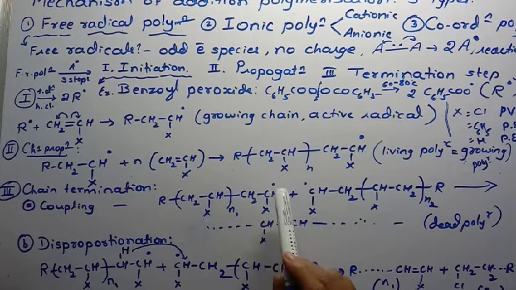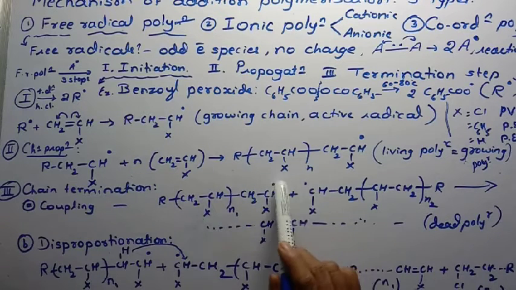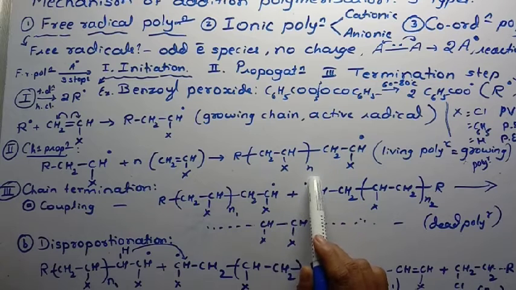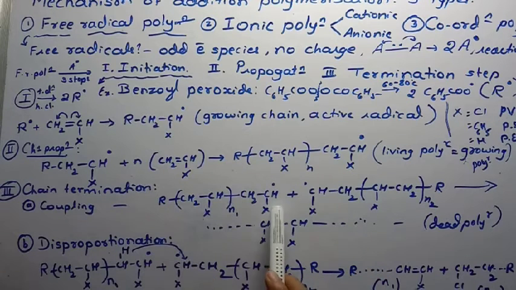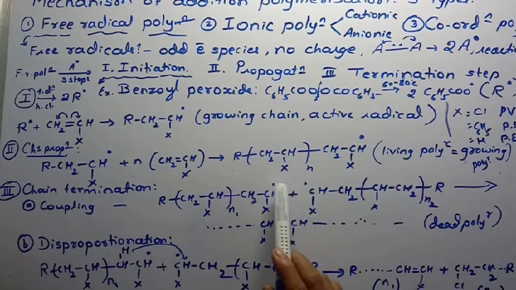So what happens here, say this is one chain. Suppose I have taken two chains, and here I have noted it as N1, and here it is N2. The numbers are different, and these are the free radical sites. Now when this chain combines with this one, these two electrons are going to participate in the formation of a covalent bond, thereby the two chains are combined.